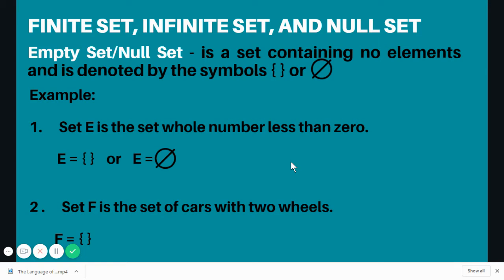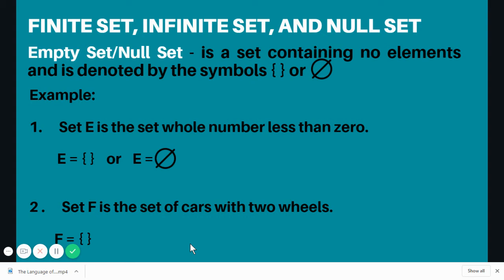So empty set siya. Next example, set F is the set of cars with two wheels. Again, empty set siya. Dahil wala namang kotseng merong dalawang gulong. Okay? Merong mang sasakyan na dalawang gulong pero hindi na car ang tawag sa kanya, bagkos pwede siyang tawaging motor or bisikleta pero hindi siya car.